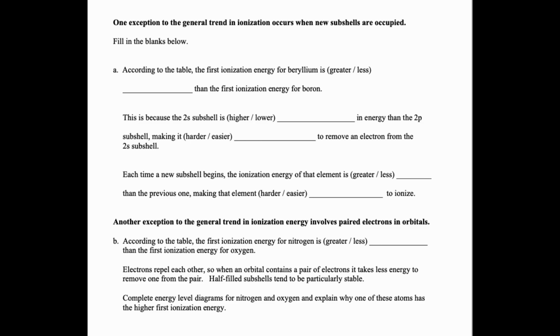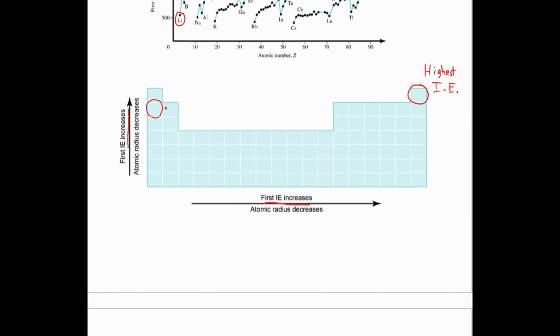Let's fill in the blanks to these statements. According to the table, the first ionization energy for beryllium is greater or less than the first ionization energy for boron. So beryllium is here, and boron is here.